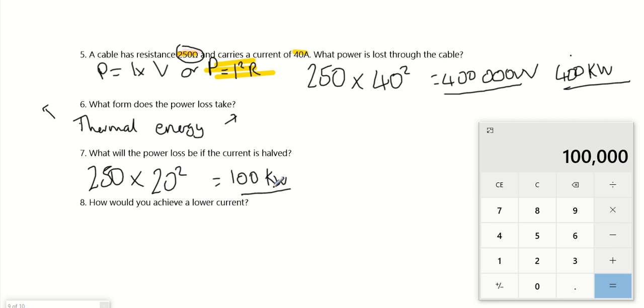So if we halved the current, we quartered the power loss. Every time we halve one, that's called an inverse square law. Okay, how would I achieve a lower current? By increasing the potential difference.